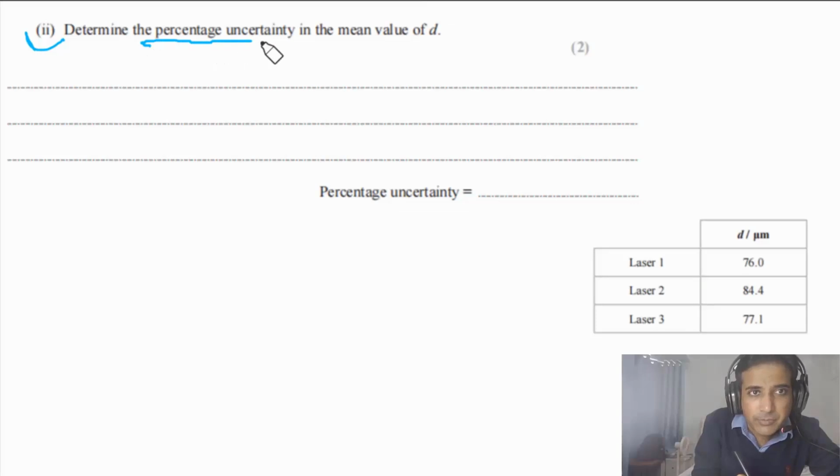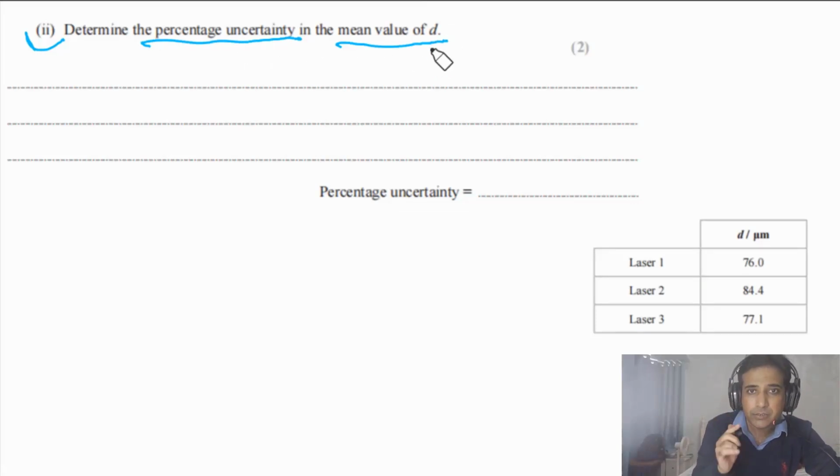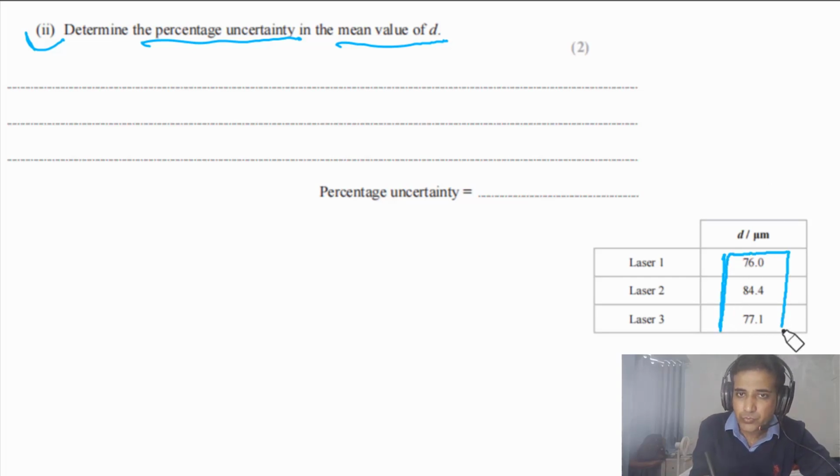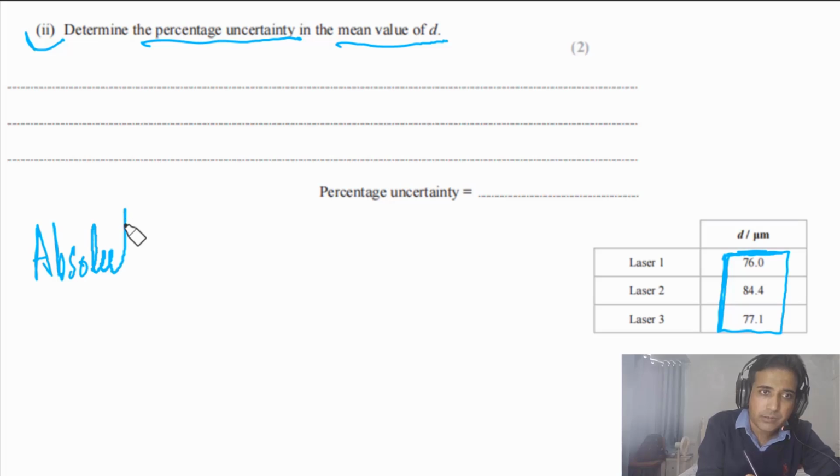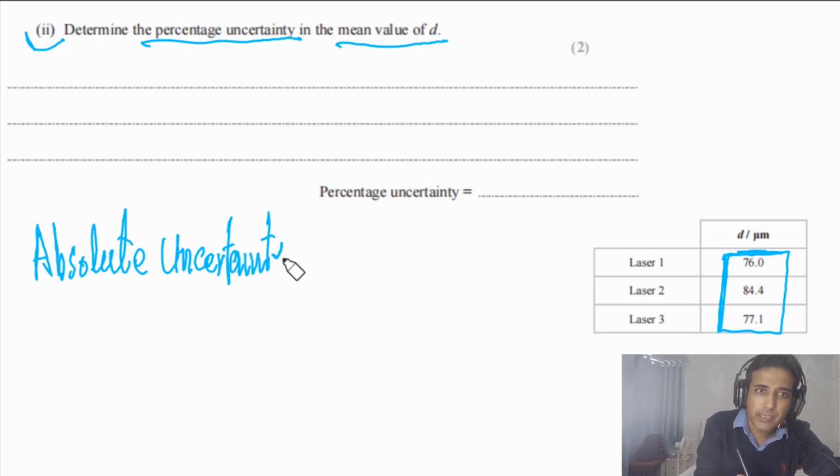Second part says determine the percentage uncertainty in the mean value of d. In this case, you can see we have multiple readings, so we have to use the half range method. First of all, we will find the absolute uncertainty in the data. The absolute uncertainty is equal to the half range of the given data.